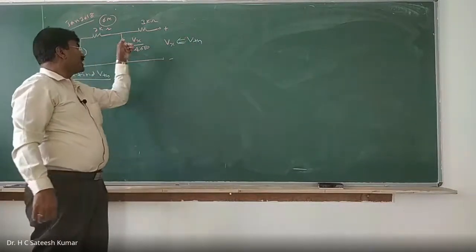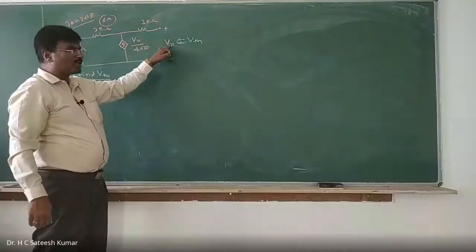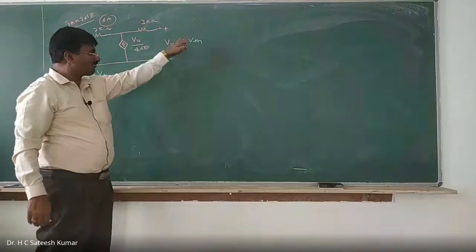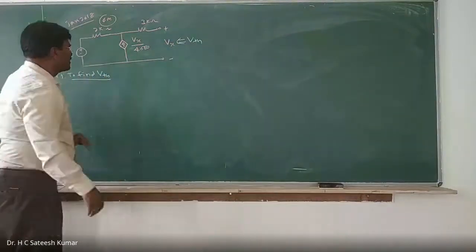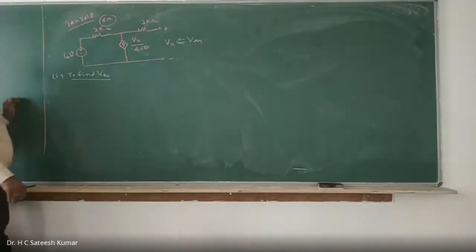So this dependent source is depending upon the open circuit voltage, which is itself VTH. So you should be very much careful while doing this one. Okay, right. Now what should we do? We have to find out VTH, the voltage.